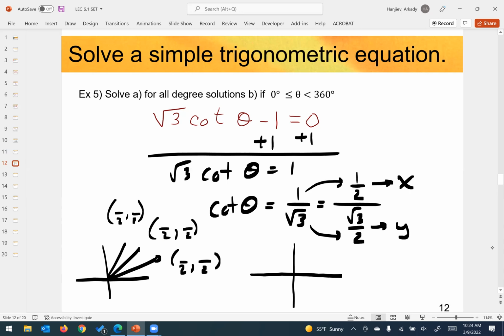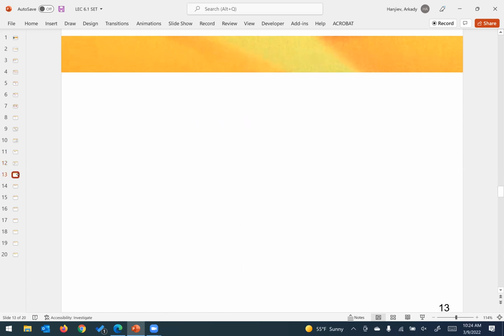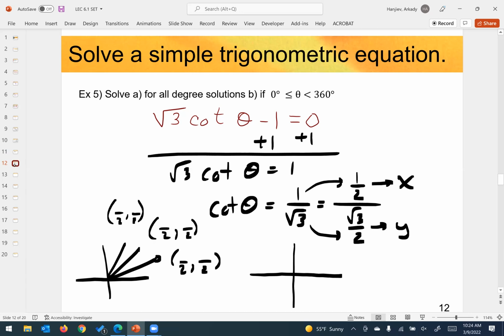Purpose-wise, it helps you figure out the full coordinate, so you can know what angle it is. I know what the purpose is, but in a situation like this, how would you recognize this is what you need to do?